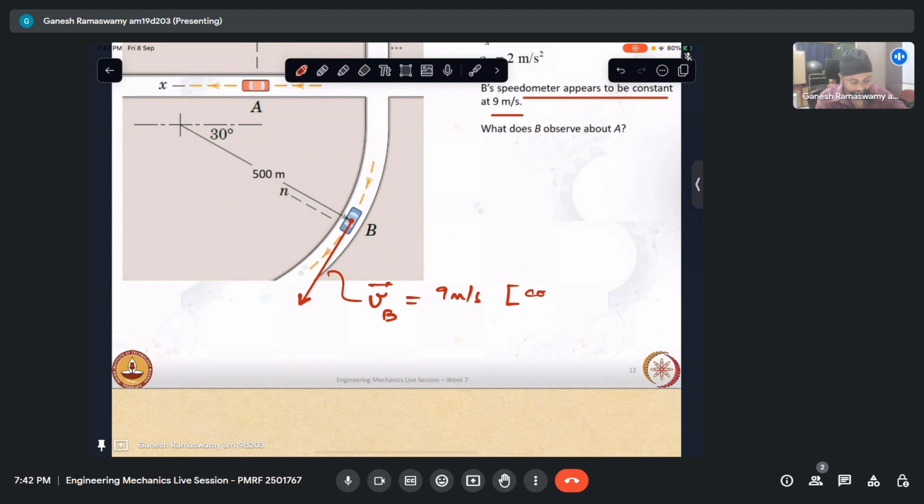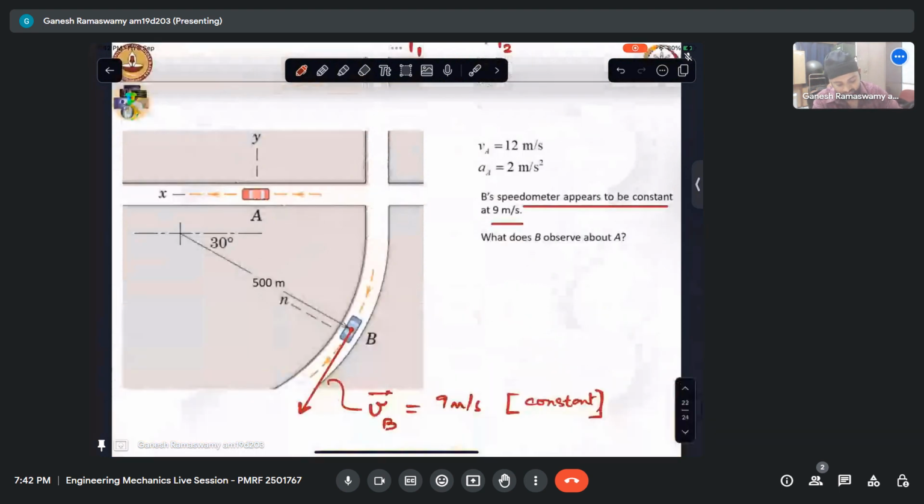Now one thing we must immediately take note of is that A is having motion along the straight line and B is having motion that way.